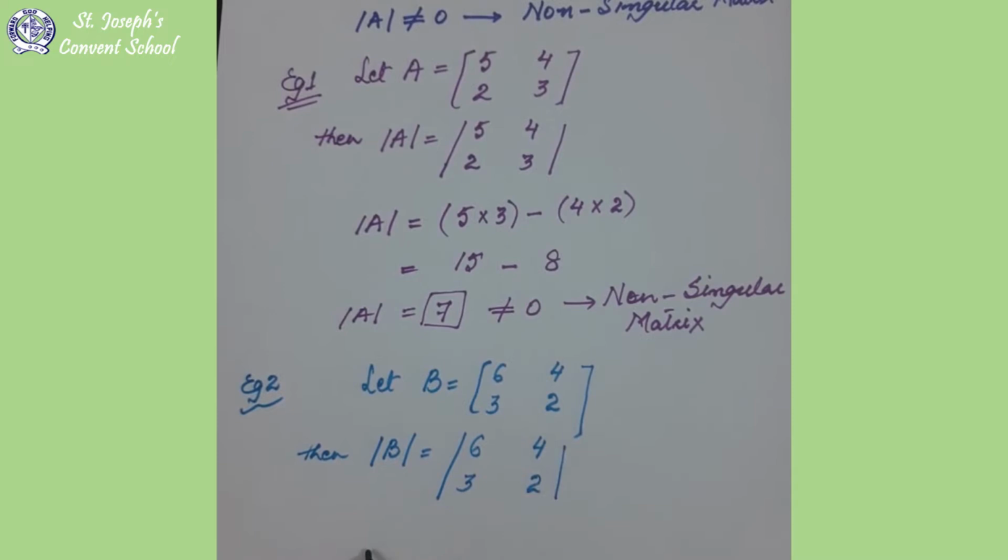You know the formula how to calculate it. Determinant of B. So first into last, 6 into 2, then put minus sign, second into third element, 4 into 3. So 6 into 2 is 12 minus 4 into 3 is 12. So it means that determinant of B is equal to 0. If the answer is 0, according to that condition, it is known as a singular matrix.